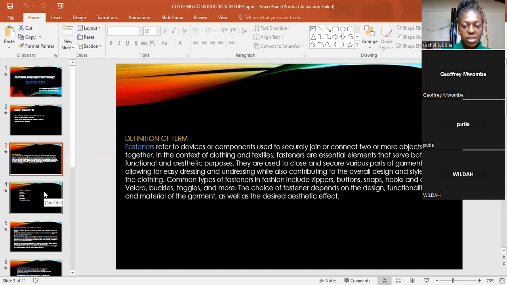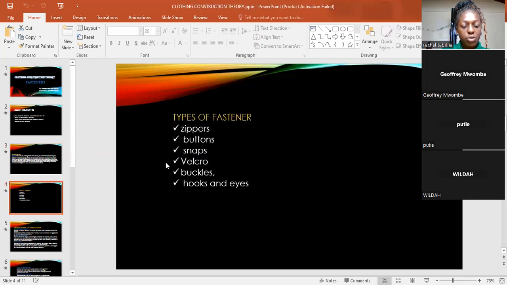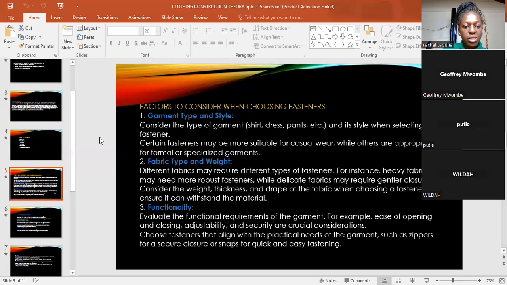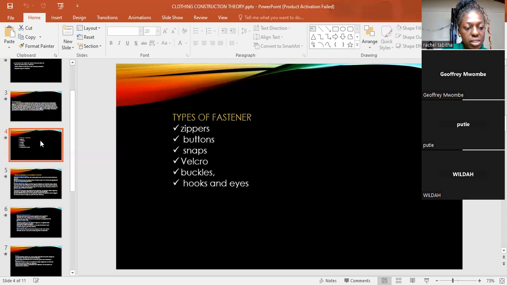So we have zippers, buttons, snaps, hook and eye, the way I have shown on that image, you can see. Can you see the zippers, buttons? Yes. Good. So we are going to look at different types of zips and buttons. Then there are also hook and eyes. So when we talk about the factors to consider, we'll talk about these types of zippers in the next presentation.